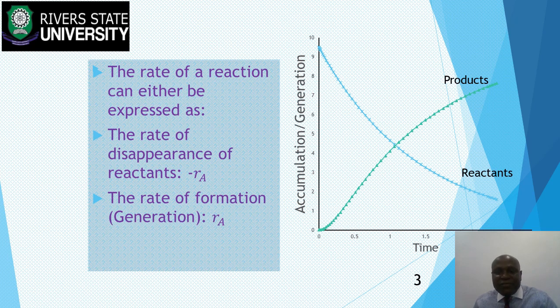A graph of this definition is shown, and we can see that the reactants start at a high concentration and they gradually reduce as time goes on inside the reactor, while the products start at zero, and as the reaction proceeds, they increase as they are being produced.